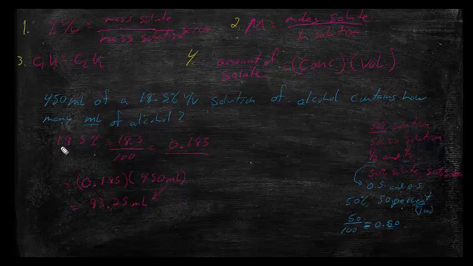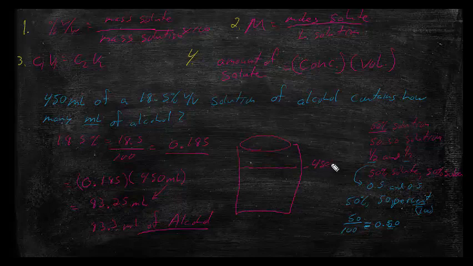All right, sig figs, there's 3 here, so 1, 2, 3. I'm going to round off to 83.3 milliliters of alcohol is in 450 milliliters of this 18.5% solution. So if you think about it, here's our solution.